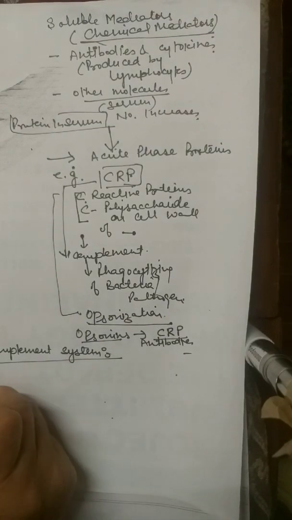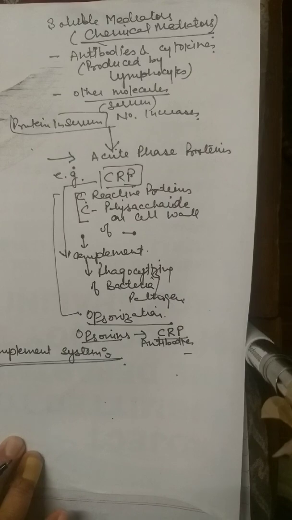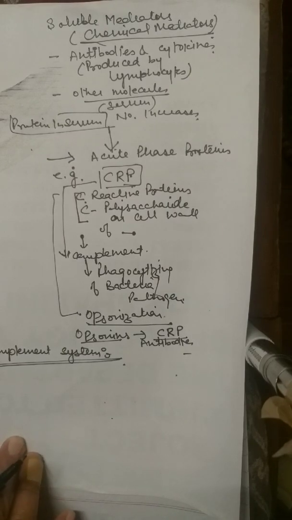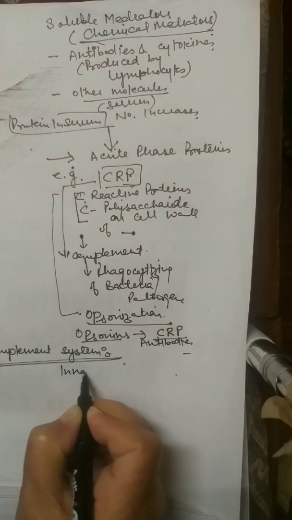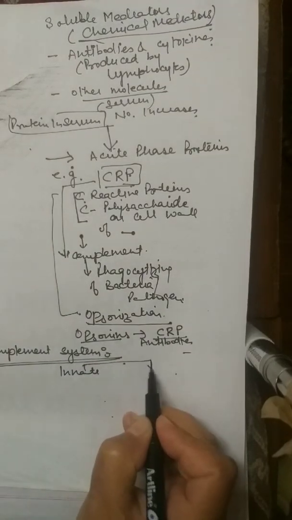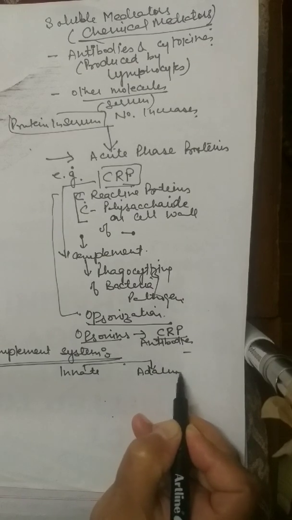What is the complement system? This system participates in both innate immunity as well as adaptive immunity.